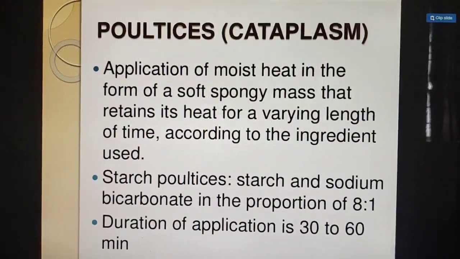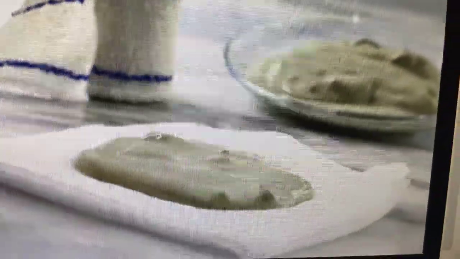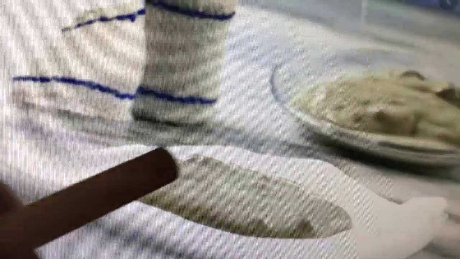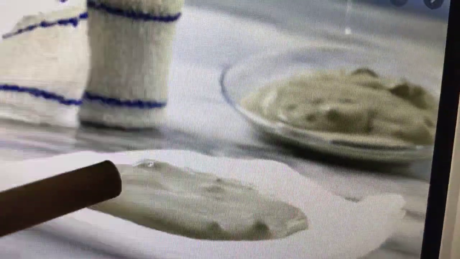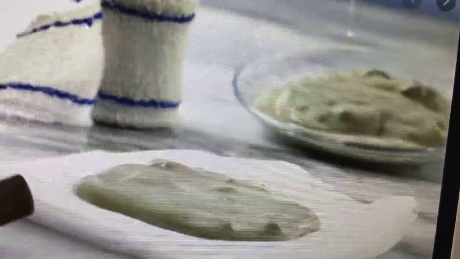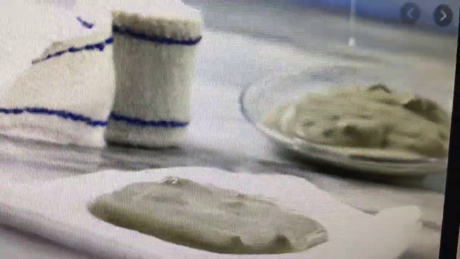We are taking some cloth, some pad, and over there we are using some medicated ingredient, starch with bicarbonate, so it will hold the heat for a prolonged time. Clear? This is what we call Poultice, or the cataplasm.